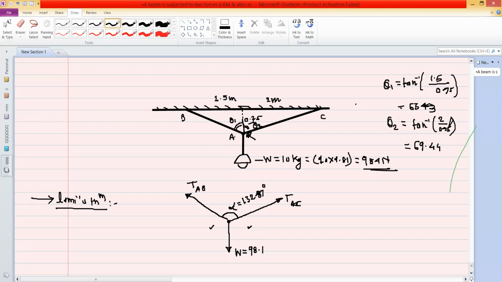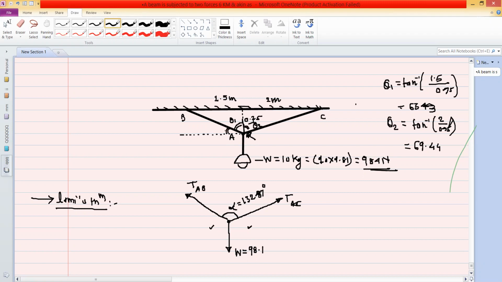Then for the remaining angles, we have to find out the angle between AB and the weight W. For this angle, you can make one construction like this: draw one horizontal line passing through the point A. So this complete angle is 90 degrees. From this 90 degrees, we can subtract this theta 1, so we will get the remaining angle.